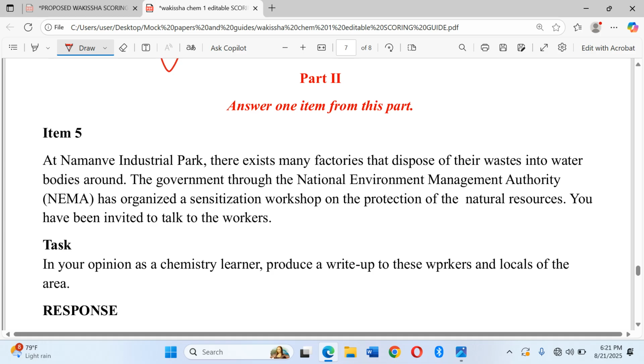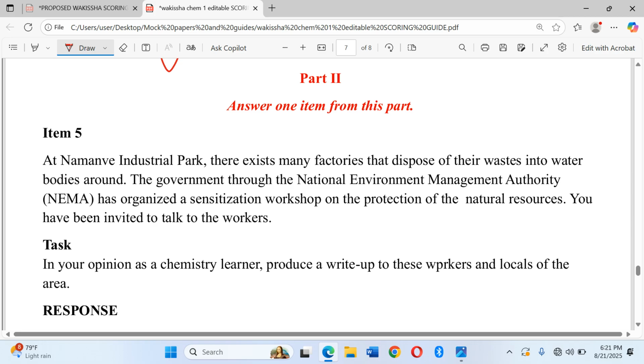So section B, part 2 is about natural resources. Natural resources are categorized majorly into two: the renewable natural resource and the non-renewable natural resource. So in this area of part 2, what we are supposed to do is to read the scenario and find out which natural resource is being affected. And then we identify which human activity is affecting that natural resource, or the human activity that is affecting the environment.